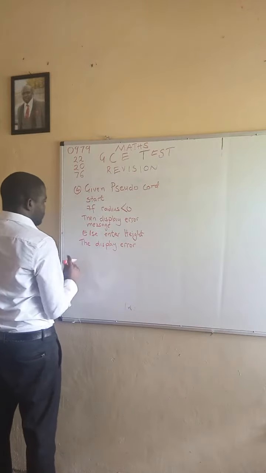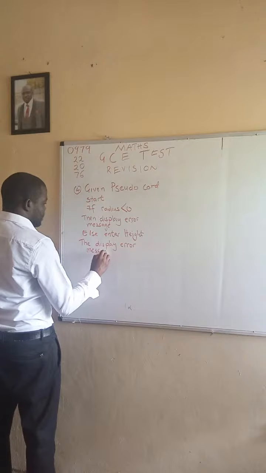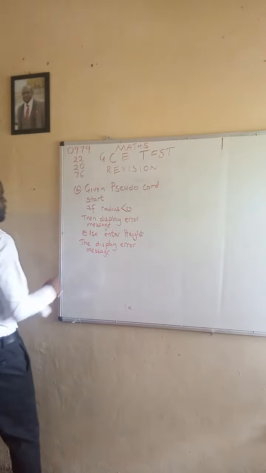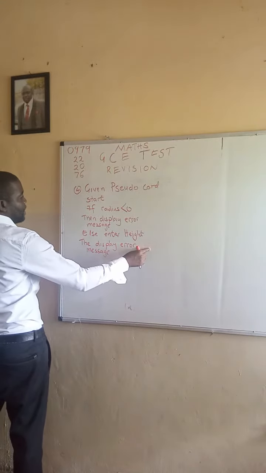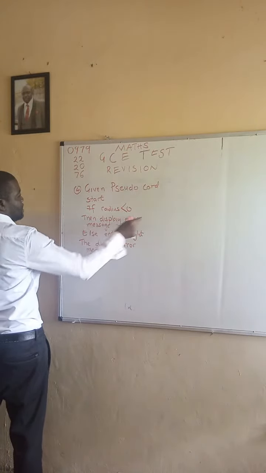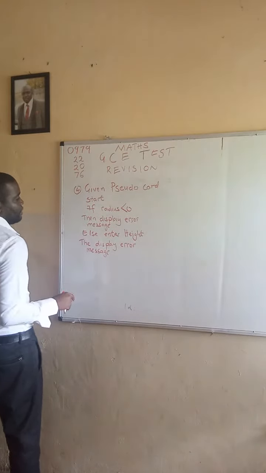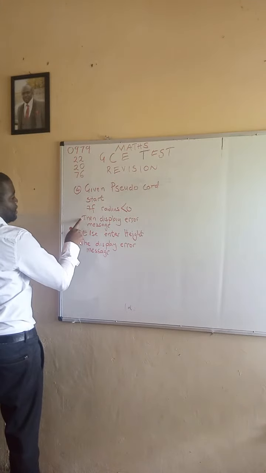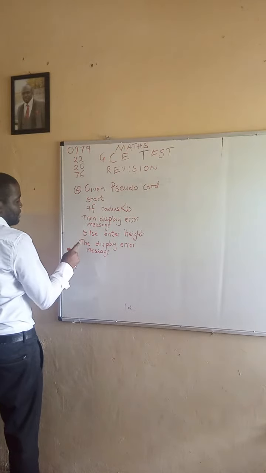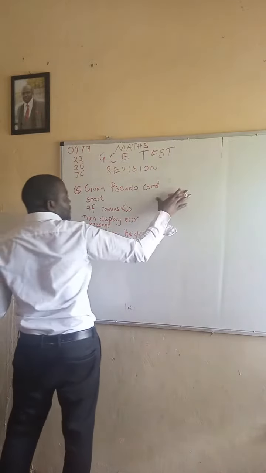Actually, let me bring it here. Error message, since there's no space there. Okay? Then display error message. It's one sentence, okay? This is not two sentences, it's one. I'm just trying to leave space here where we are going to draw.